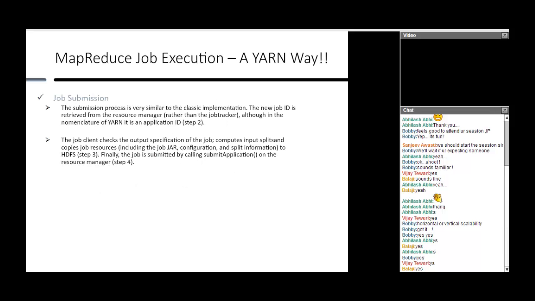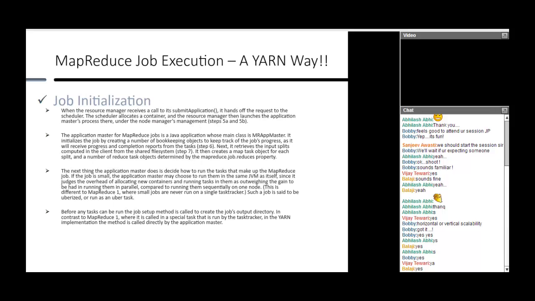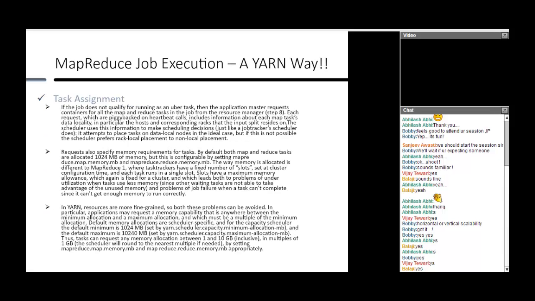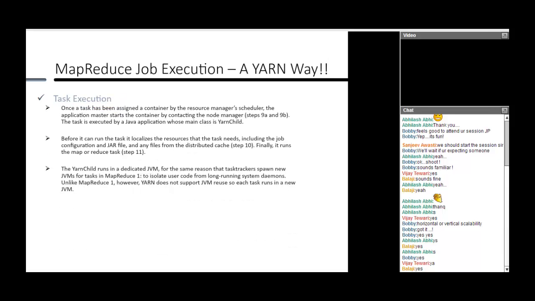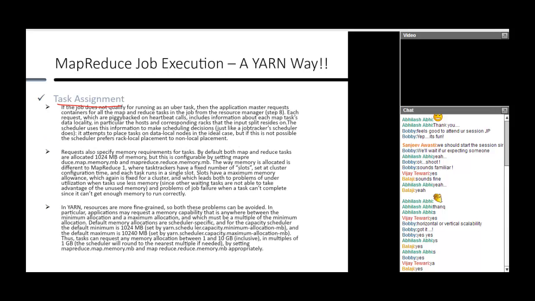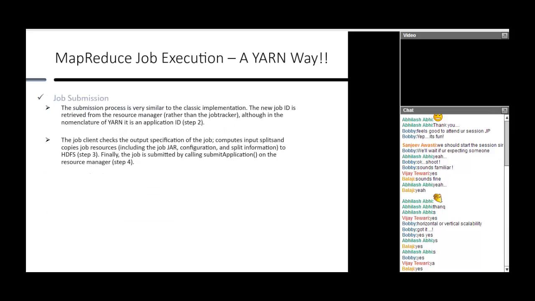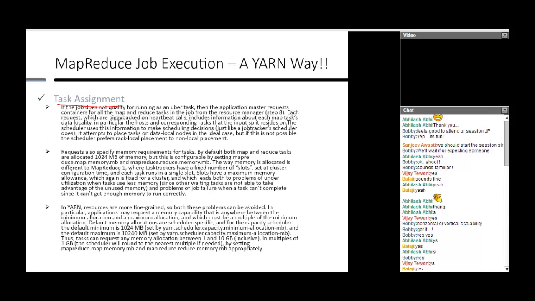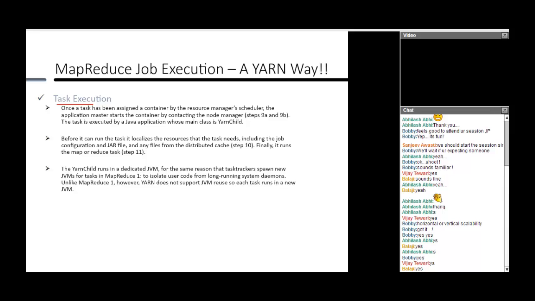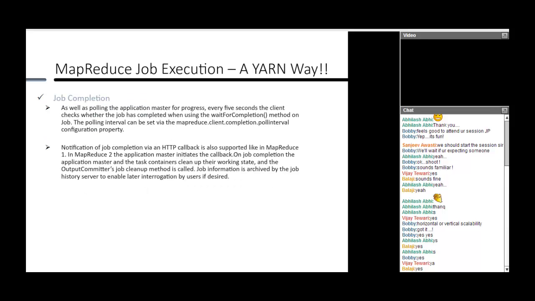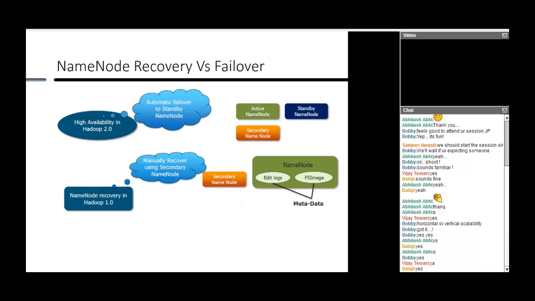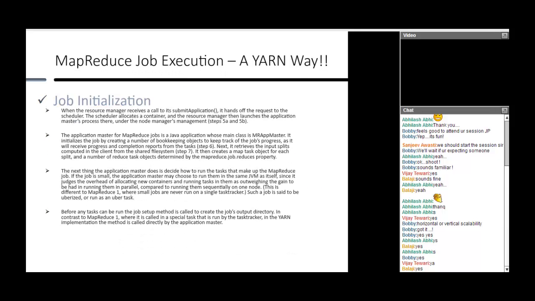By the way, after this diagram there will be slides where I describe the different steps in job execution: job submission, job initialization, then task assignment, task execution, reporting, and job completion. All these steps I'm going to explain by following this particular diagram.